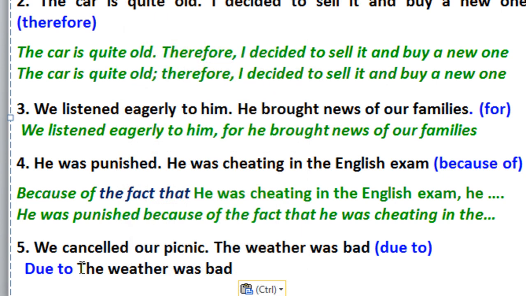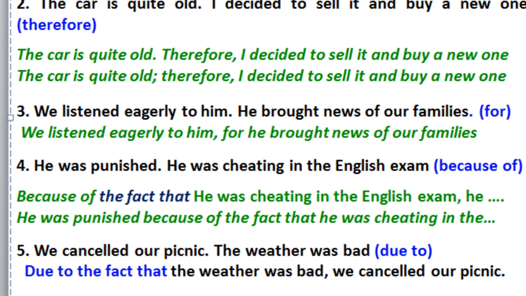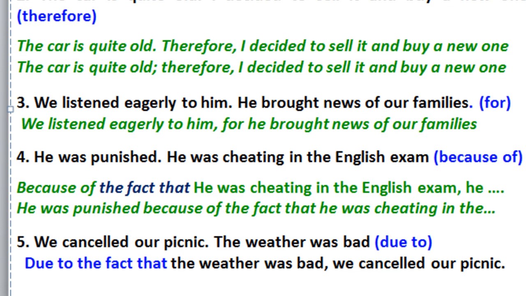We put it after due to the fact that the weather was bad, comma, to separate the cause clause from the effect clause, we cancelled our picnic. So this is one possible answer.